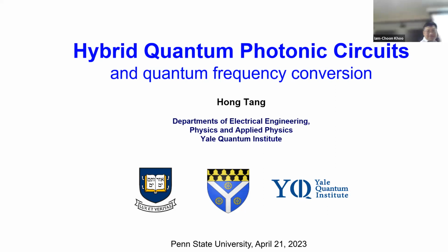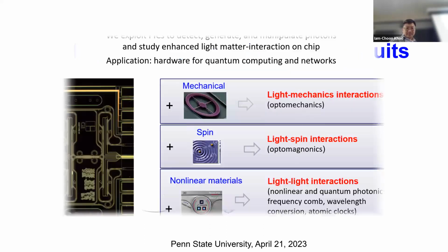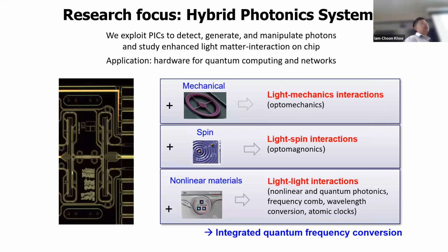So I'm going to tell you about the work done in my group on hybrid quantum photonic circuits and quantum frequency conversion. Before I start, I want to tell you about my research interest. At Yale, we build integrated photonic chips to manipulate photons on chip and enhance the light-matter interaction.